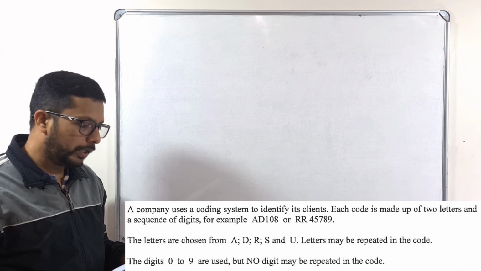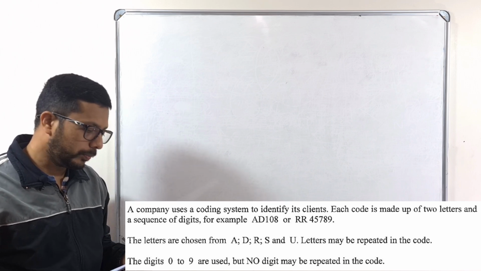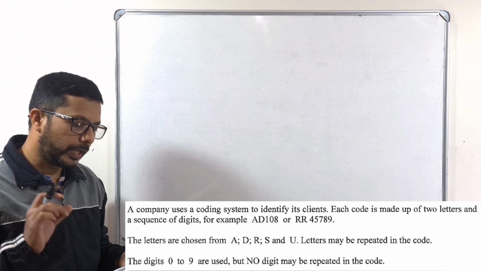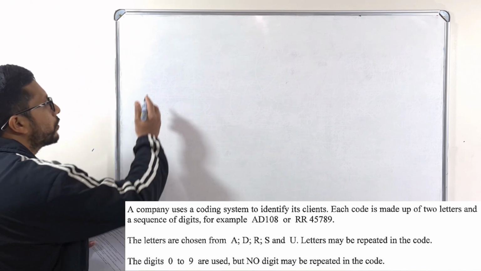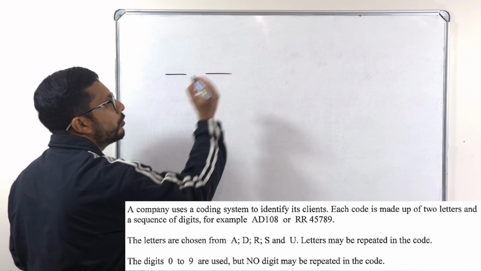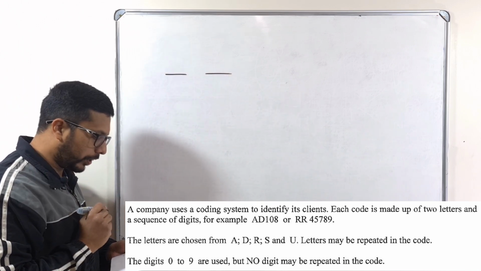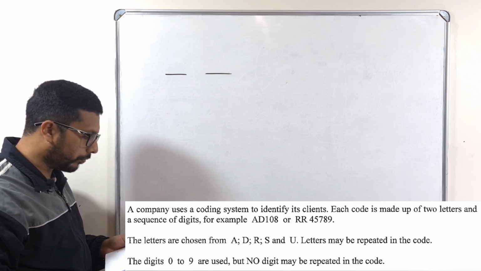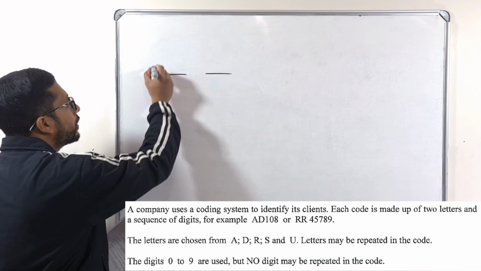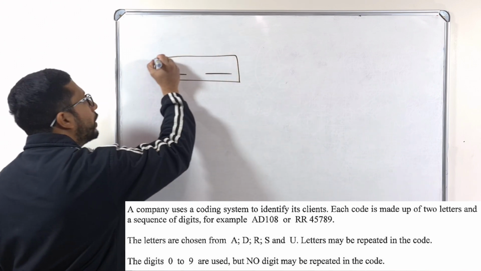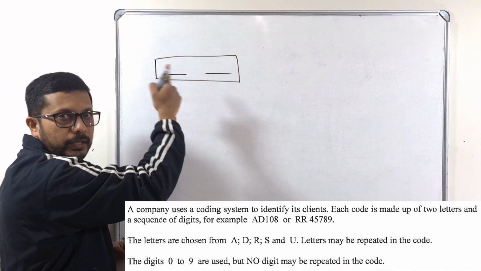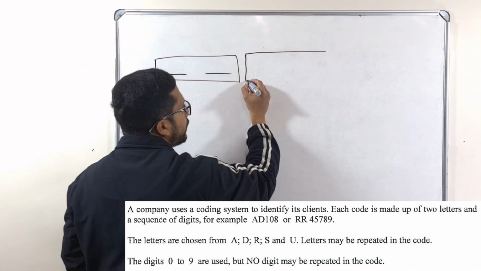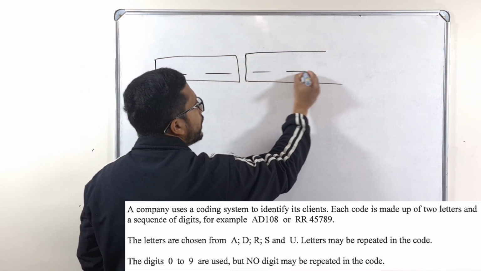So the first 2 are letters, like A, B, C, D. Then a sequence of digits. Digits means numbers.